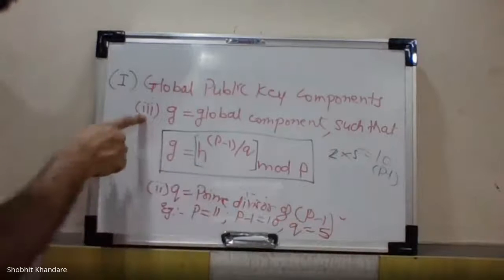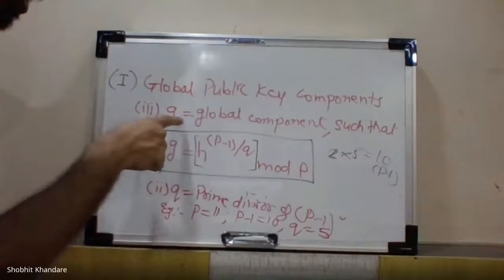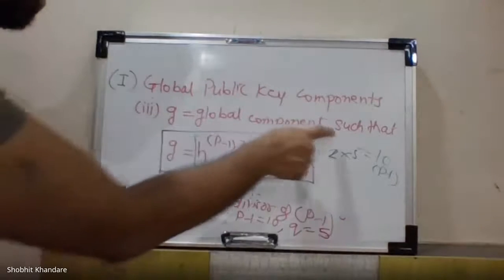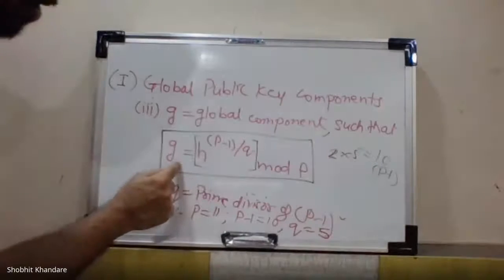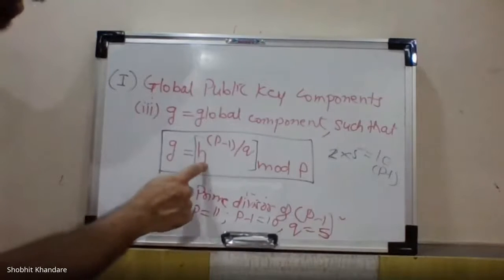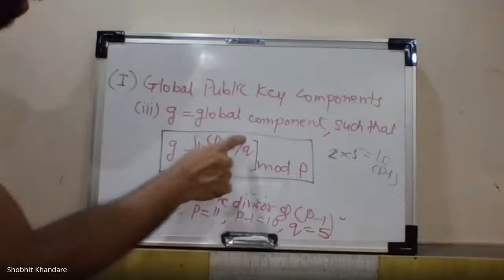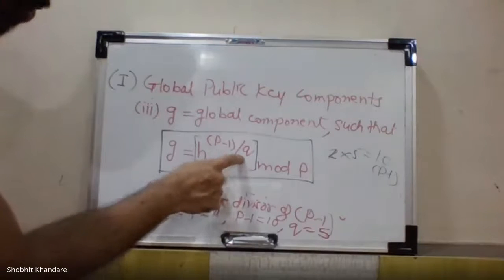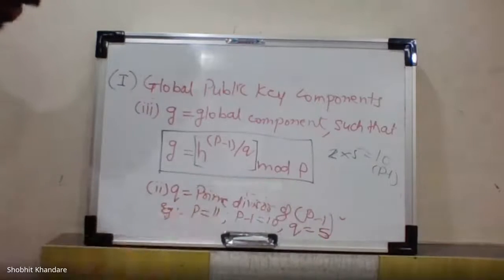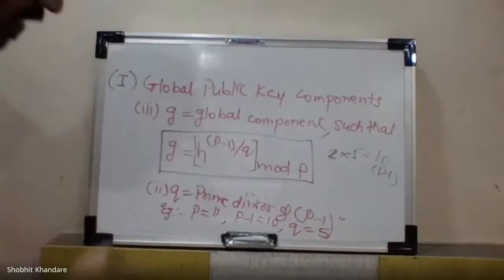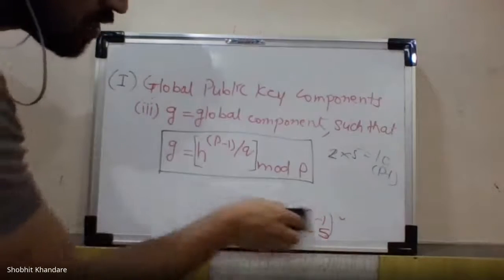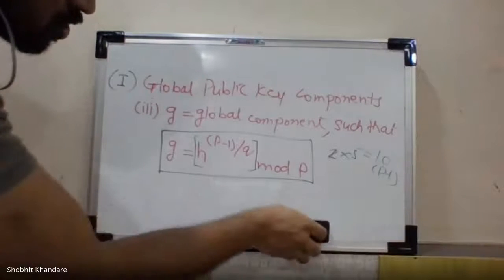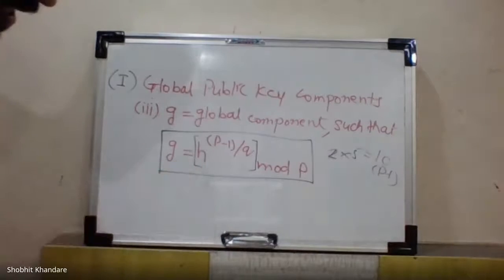Third, g is the global component, such that the calculation of g is h to the power of (p minus 1) divided by q, mod p. This second one is very important. You will think this small h is the hash code. No, small h is not a hash code now.